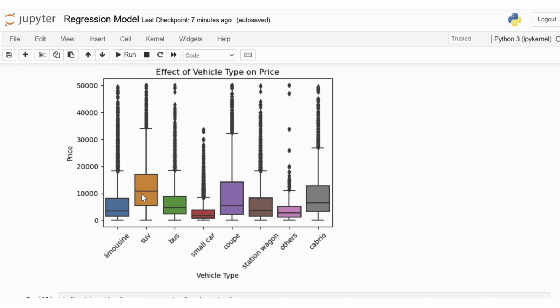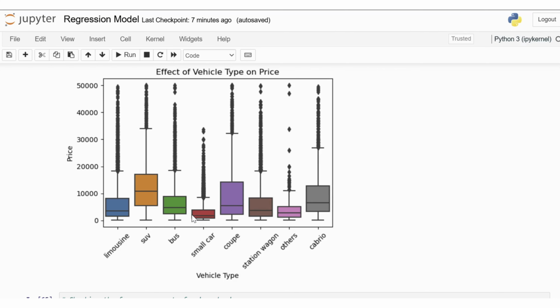The median price is higher compared to other vehicle types, and there is a wide range of prices, with many outliers on the higher end. Next is the bus category, where we can see that the prices of buses are more varied. The median price is relatively low, and there are outliers indicating some buses are priced significantly higher. The small car category has the lowest prices.